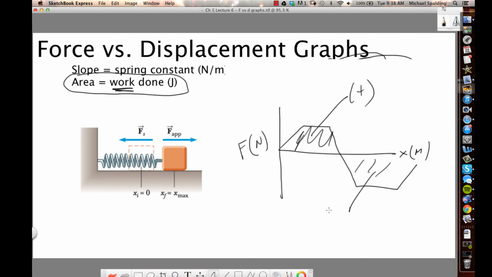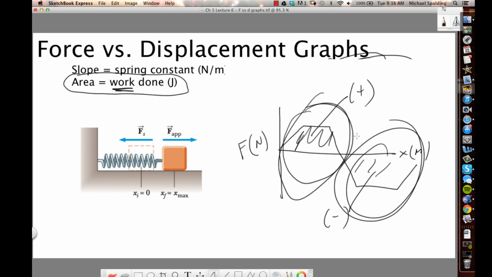This would be negative work. What does negative work mean? Opposite motion. Positive work is with the motion. So what if you wanted the total work done? You'd calculate this area, find that work, whichever one's bigger wins. Okay, let's look at a homework problem.